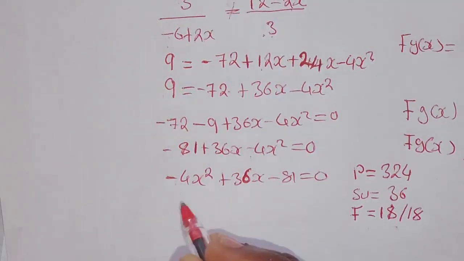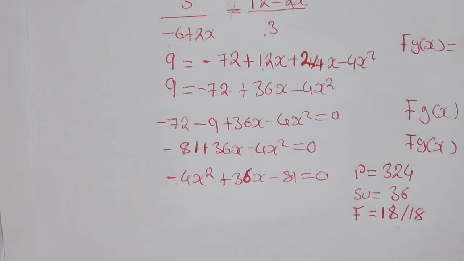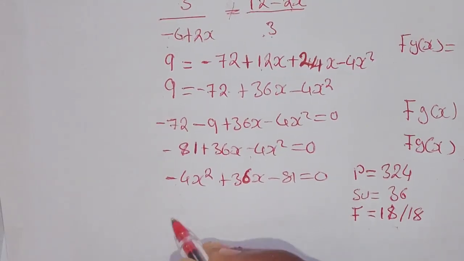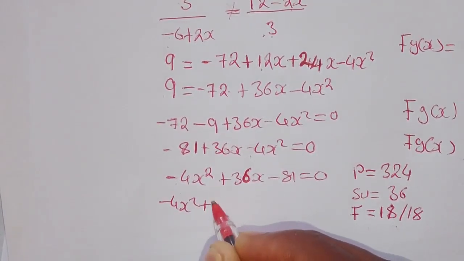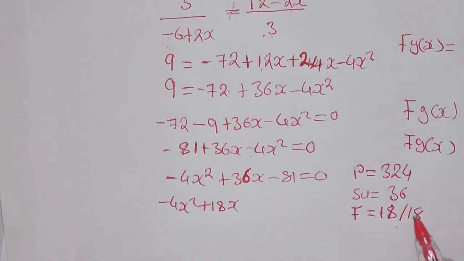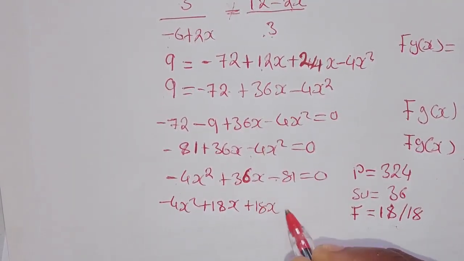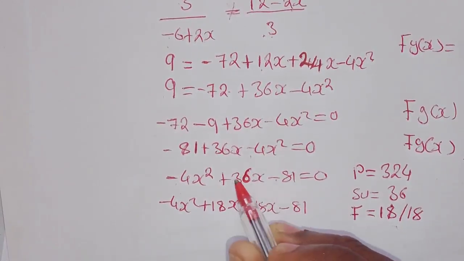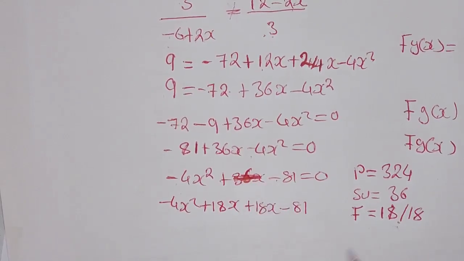Then you just come here in your equation: negative 4x squared, you get 18 plus 18, you put x. Okay, you also get this 18x plus 18x. So we ignore this, we just replace it here with this. It's equal to 0. Okay, then just factorize: this and this, also this and this.